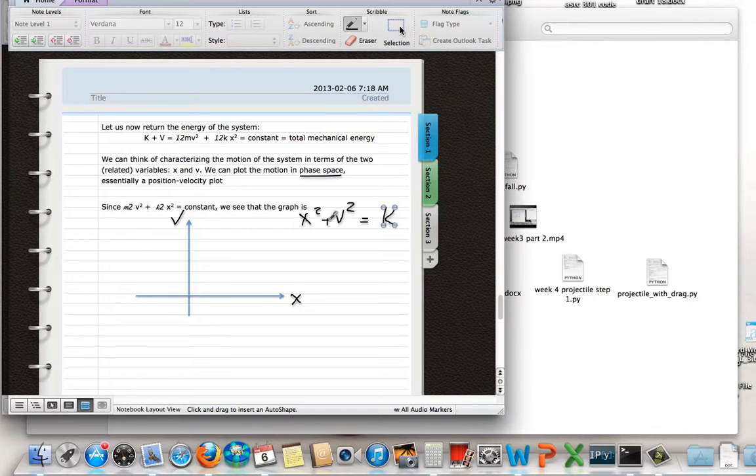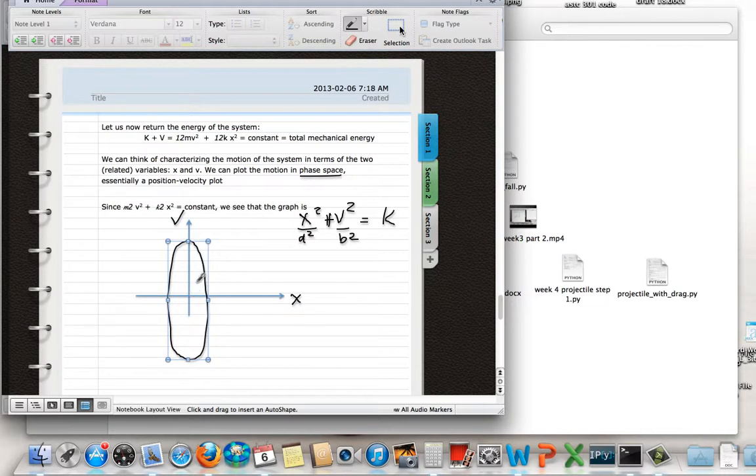You see, if it was x squared plus v squared equals a constant, and as long as the constant's positive, this would be the equation of the circle. But the coefficient of v squared and of x squared isn't necessarily the same. And if those coefficients are different, then it isn't a circle, it's actually an ellipse. Now, you'd need to know the relative values of m and k to know whether it's squashed this way with its major axis vertical or its major axis horizontal.